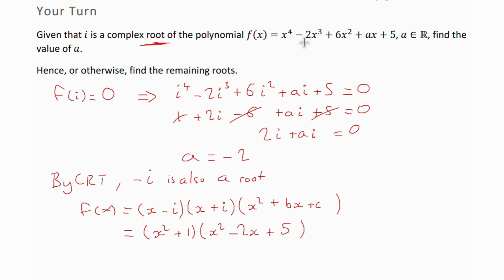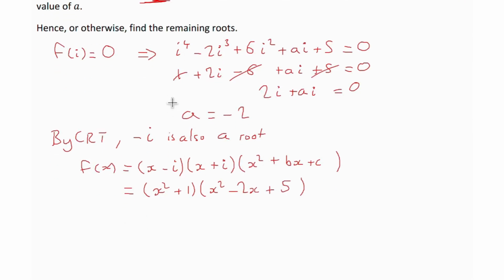I also need minus 2x cubes, which I get by doing x squared times by minus 2x. So now I've factorized this into 2 linear terms and a quadratic, but that quadratic can also be factorized, but not with integers. It can be factorized using the quadratic formula.